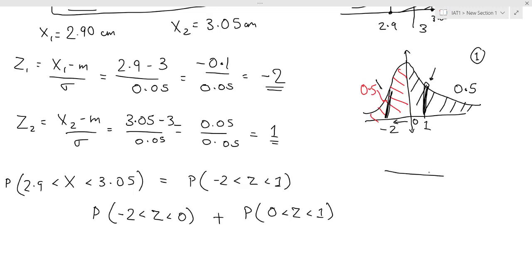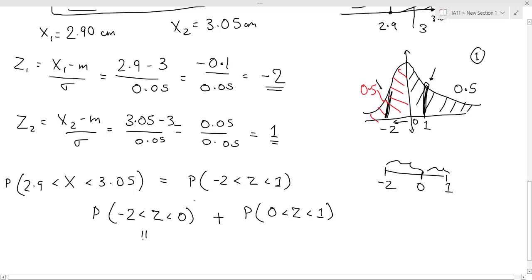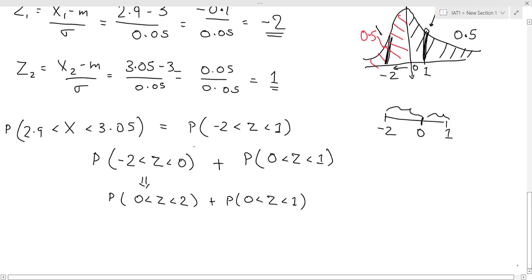From -2 to 1, it is divided into two parts. First we find -2 to 0, then 0 to 1. But what do we know? The normal distribution curve is symmetric, so the area between 0 and -2 is the same as the area between 0 and 2. So we find the area between 0 and 2 and then add to that the area between 0 and 1.